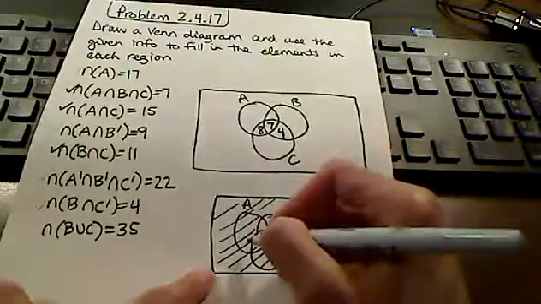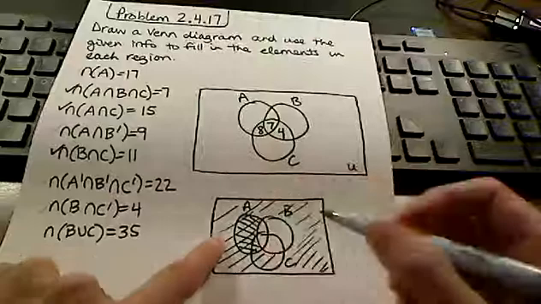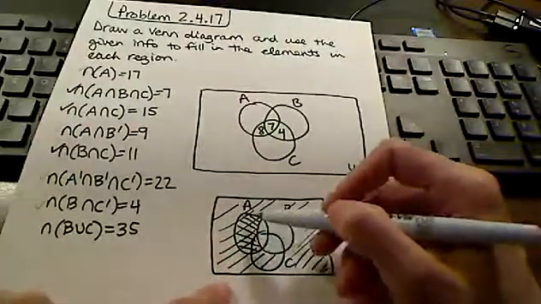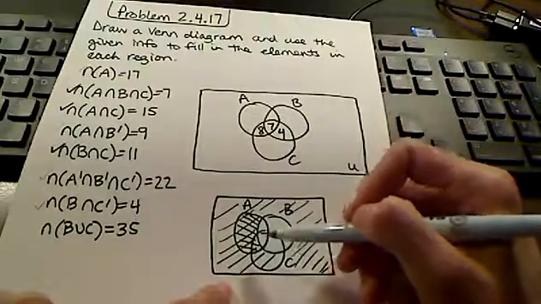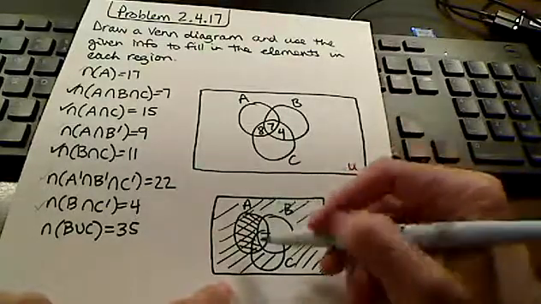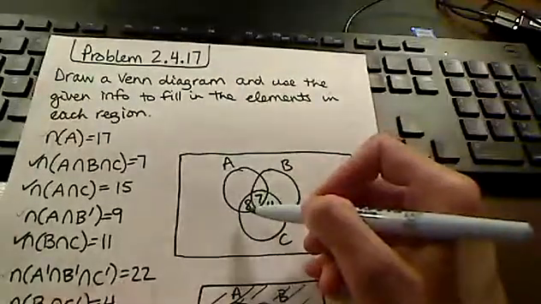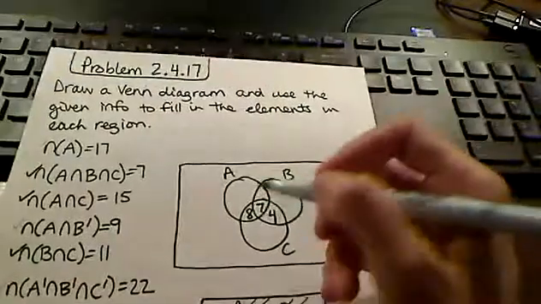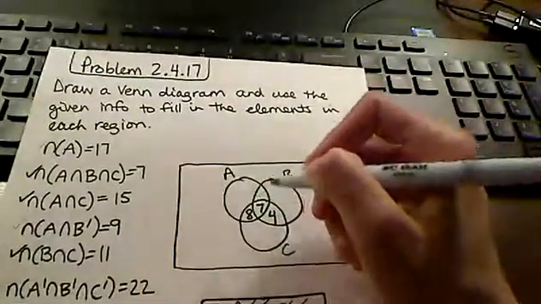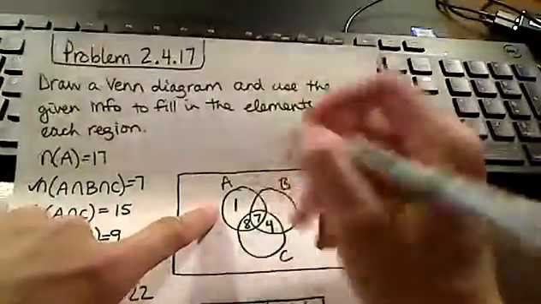Intersecting with A would actually be this hash mark region right here. So we actually have two regions that are a part of A intersect B naught, this region right here and this region right here. So if we know that total is 9, then this region has to be a 1.